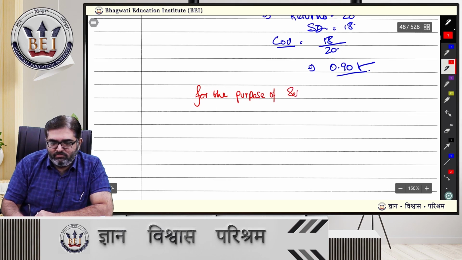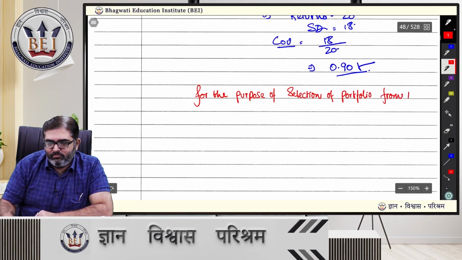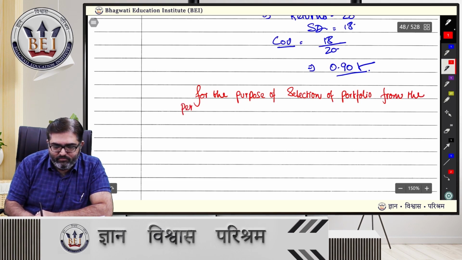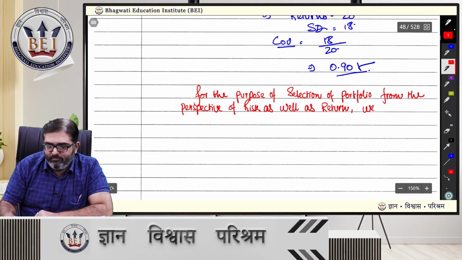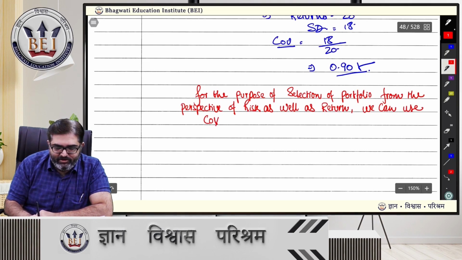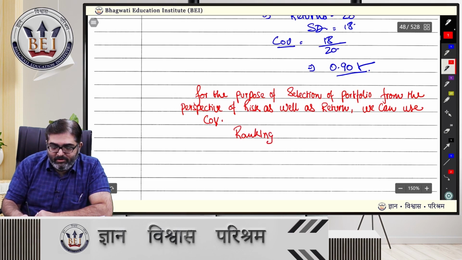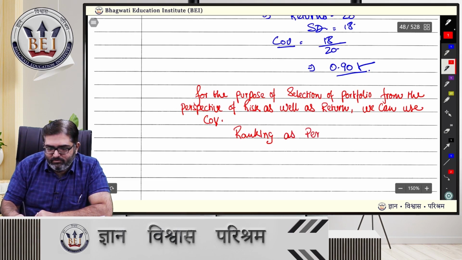For the purpose of selection of portfolio from the perspective of risk as well as return, we can use coefficient of variation ranking as per COV.